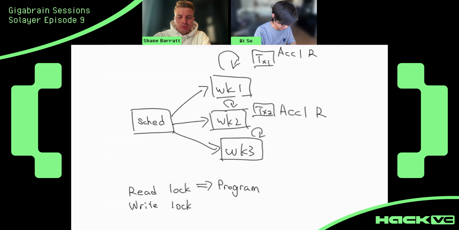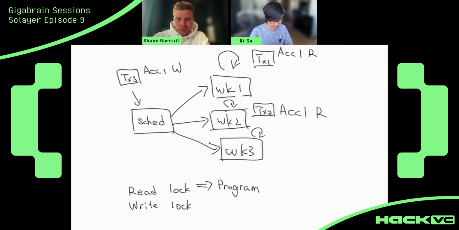And here comes the third transaction with account 1 write lock. So it wants to write the data of account 1. But simultaneously there are two transactions, 1 and 2, accessing account 1, reading it. You can't really be sure where to put transaction 3 to make all these transactions safe, right?